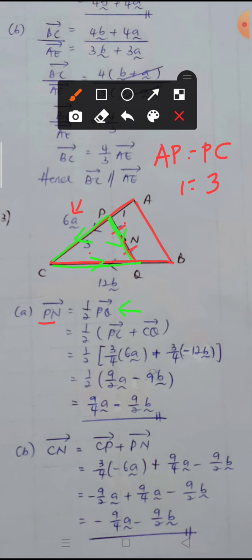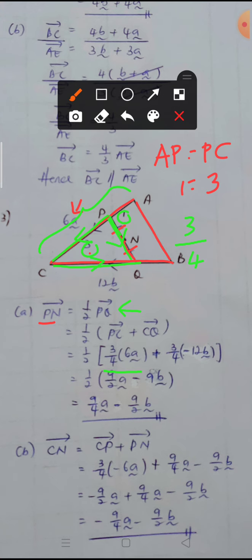To get vector PC, the whole length here is 6A, and PC is 3 over 4, because the whole length here we divide into 4 parts, and PC is 3 from the 4 parts. So we have 3 over 4 multiplied by 6A.